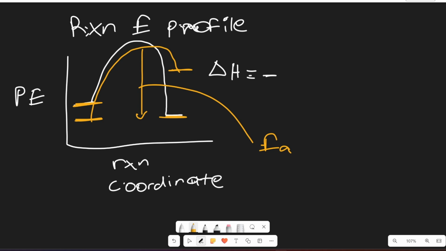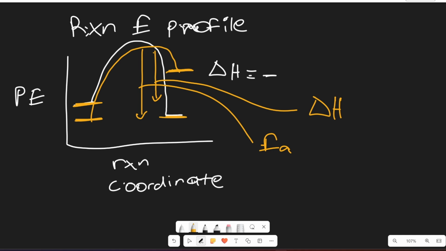And then the distance from the products to the reactants, so essentially this distance right here, that would be our delta H, or our enthalpy change during the reaction. So just be able to analyze those graphs and understand what they mean for the AP test.